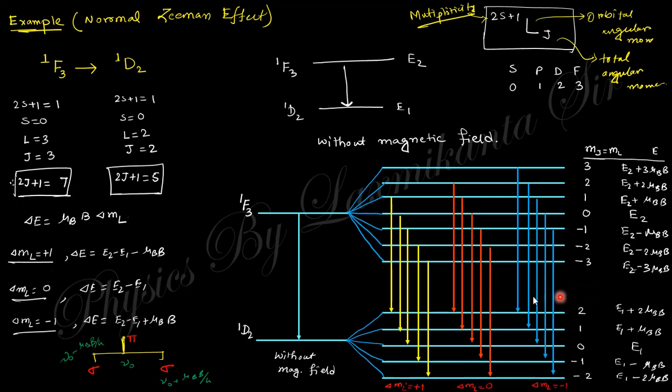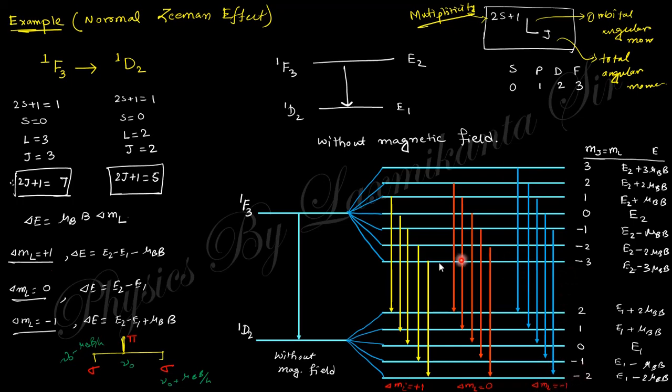And when final minus initial equals 0, these 5 lines give you delta ml equals 0. You can see here that is 2 to 2, so final minus initial is 0. In case of final minus initial equals minus 1, that is 2 and 3, so 2 minus 3 is minus 1. So these 5 lines are for ml equals minus 1.